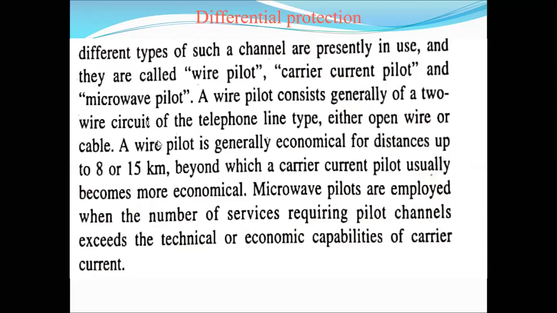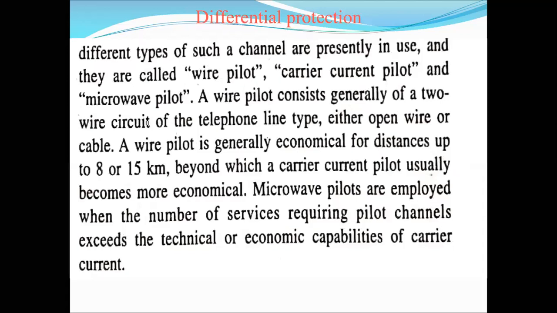But it is suitable only when the length of the feeder line is 8 to 15 kilometers. It is not possible in the case of long feeder lines, because those feeder lines are very large.